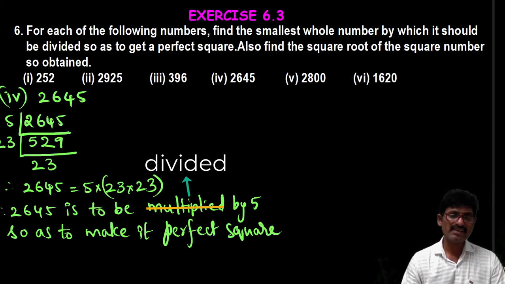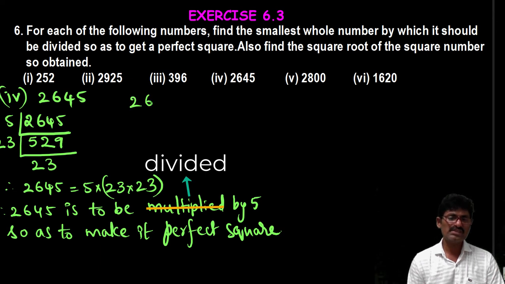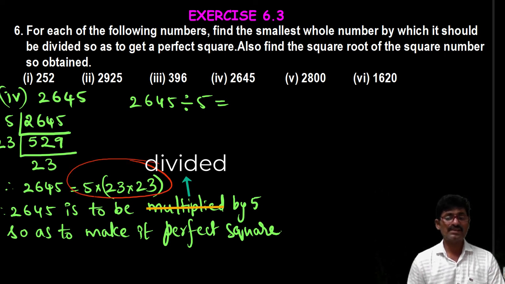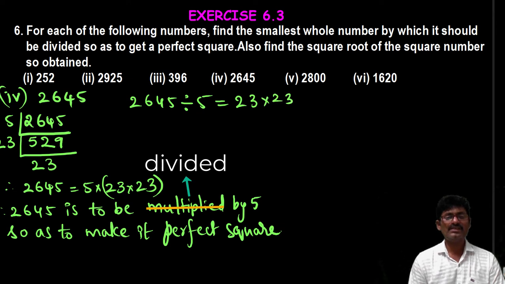Now let us divide 2645 by 5. So 2645 divided by 5 equal to, you see the prime factors here. This number is divided by 5 means 5 will be cancelled. So the remaining value will be 23 into 23, which is equal to 23 square.